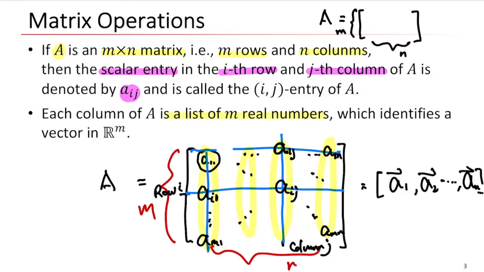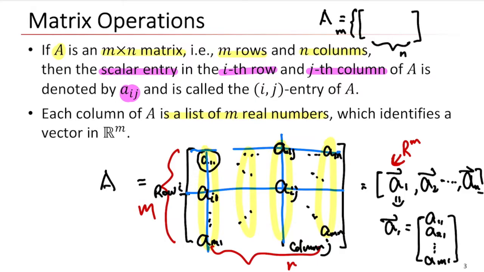What does it mean? This one vector is in Rm space. It means that each column vector consisting of A11, A21 through Am1 is in Rm space. Okay, so this is the definition of the matrix.